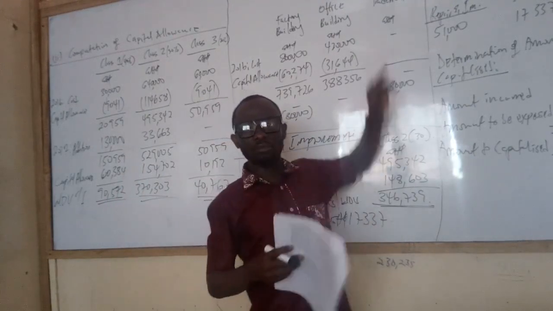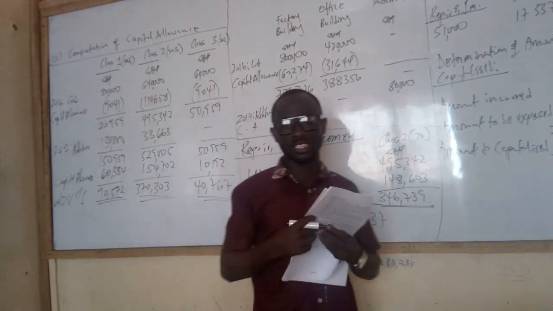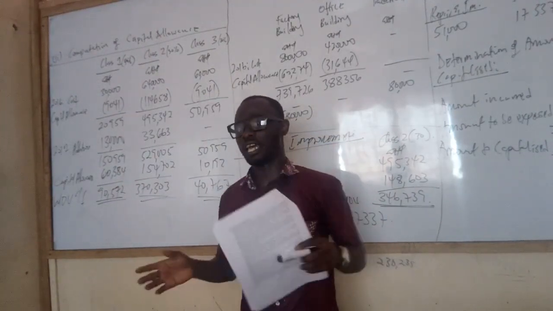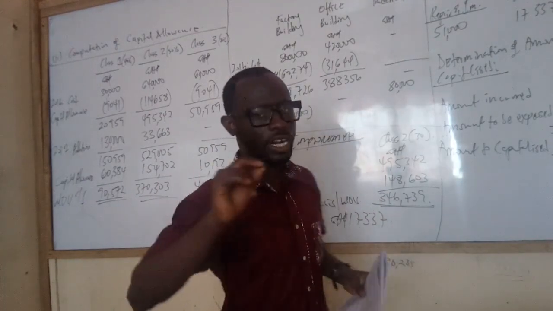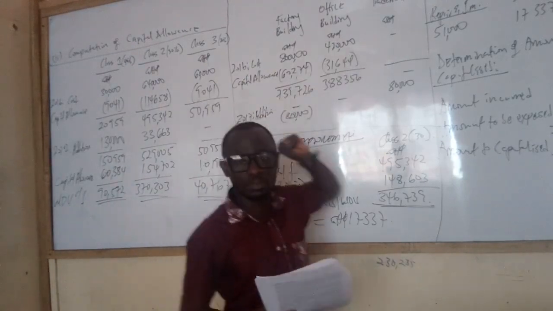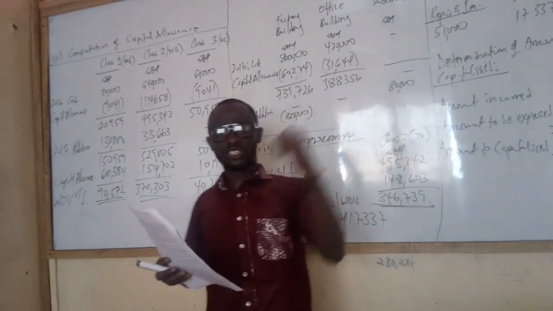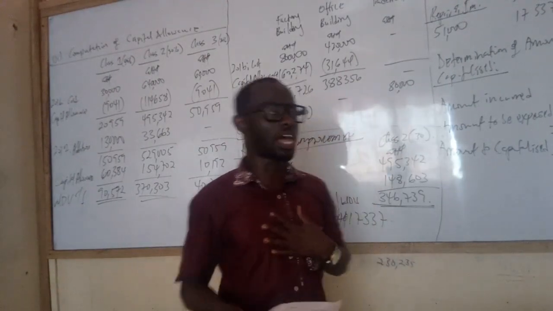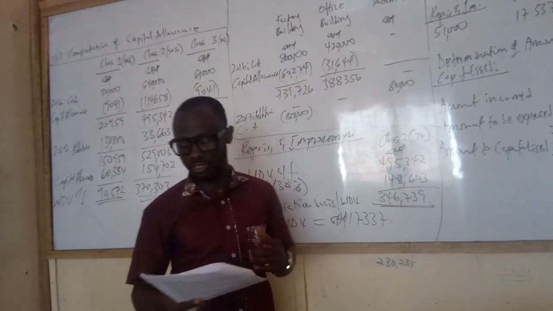But then, when we come to the office building for the year ended 2017, we must understand what is happening here. Now the question is, what is happening here? What is happening here is that we are told that 10% of this building has been leased. So if it has been leased out and we have received some income even from that, that means it is no more 420,000.